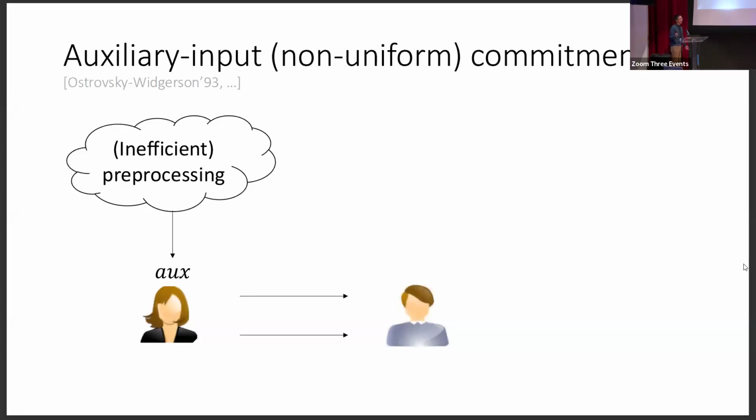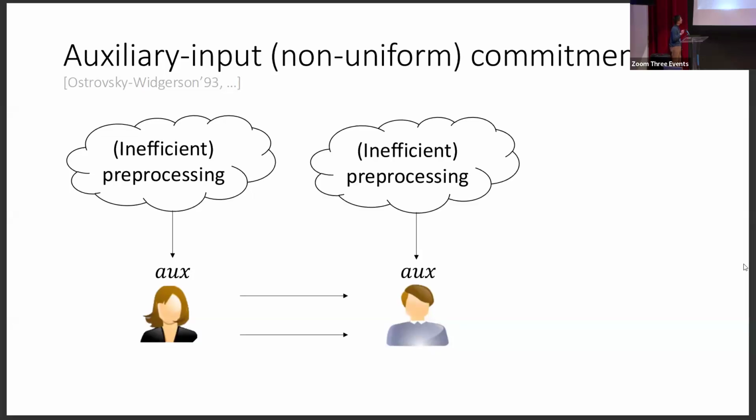And at the end, they'll obtain some short bit string that they can hold on to. But it's crucial that this bit string is independent of whatever input you are going to use for the actual scheme. So each party does this, and then in the end, they hold on to this aux bit string.